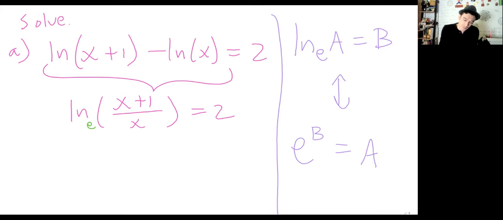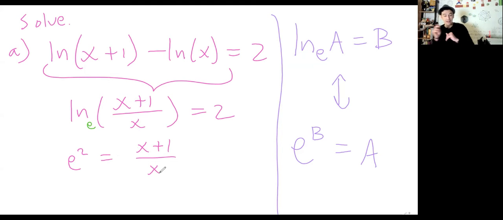Well, let's go back to pink. This would say e to the power of 2 equals (x plus 1) over x. And we are trying to solve for x. So why don't we multiply both sides by x, because here in blue, these knock out.